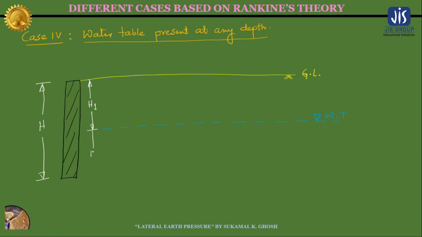And this height is h2. Now we need to calculate the active earth pressure and the active earth pressure force or the resultant force for this backfill. Now for this portion, suppose this is the first layer of soil and this is the second layer of soil.